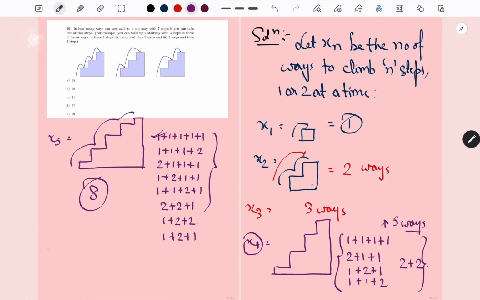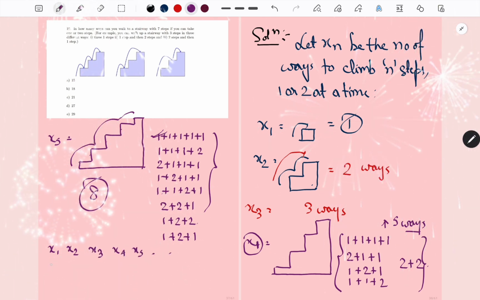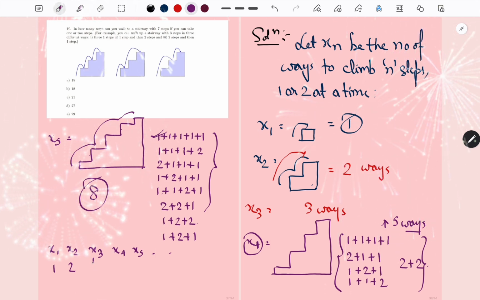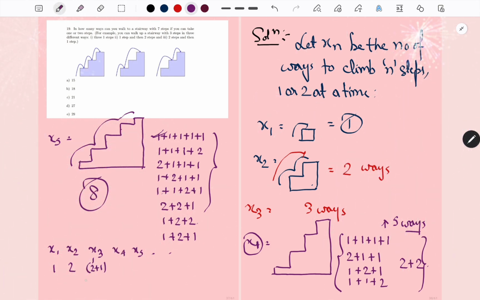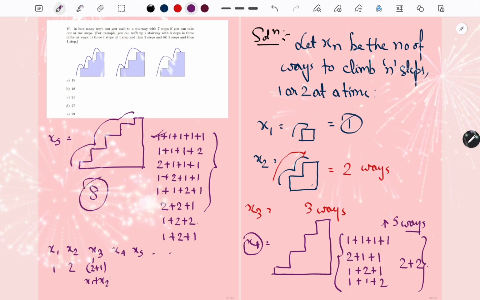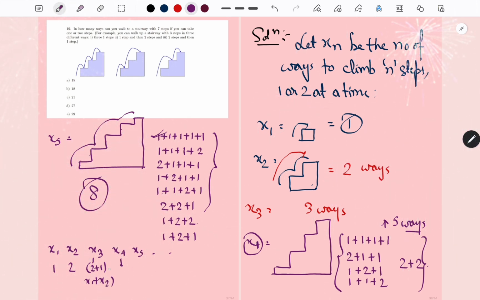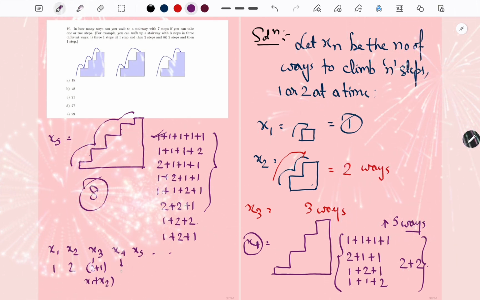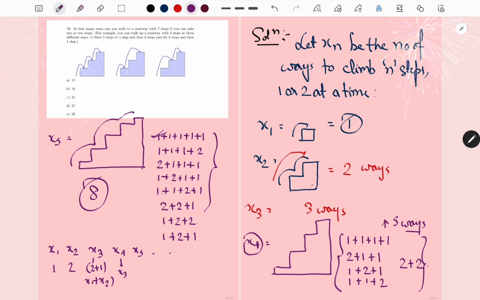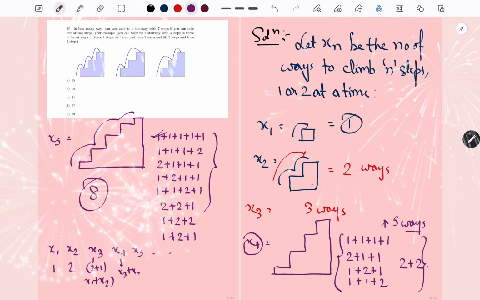Now if we generalize, see x1, x2, x3, x4, x5 and then it goes on. x1 is 1, x2 is 2 and x3 is 3, that is 2 plus 1, that is x1 plus x2. Now x4 is 5, that is x3 plus x2.